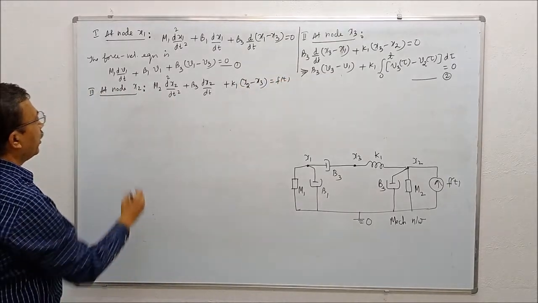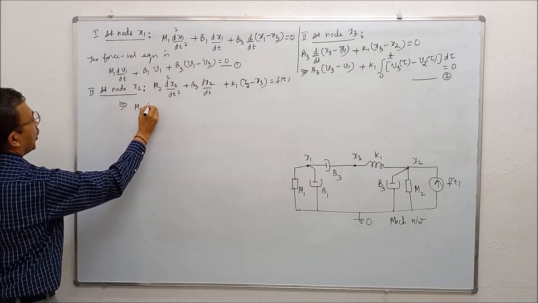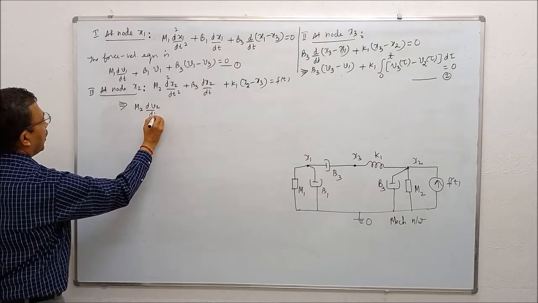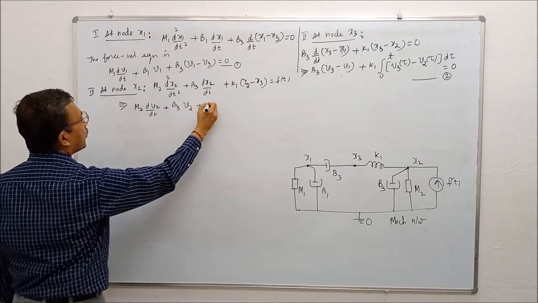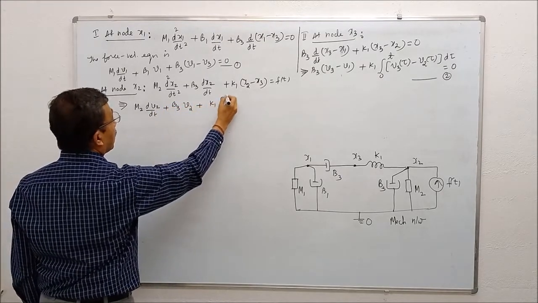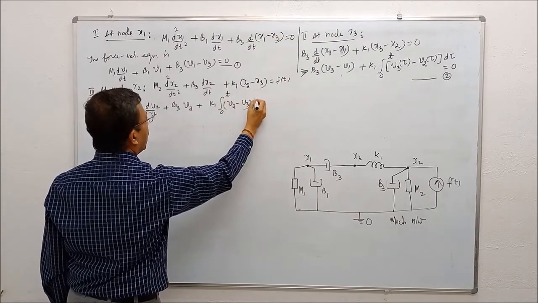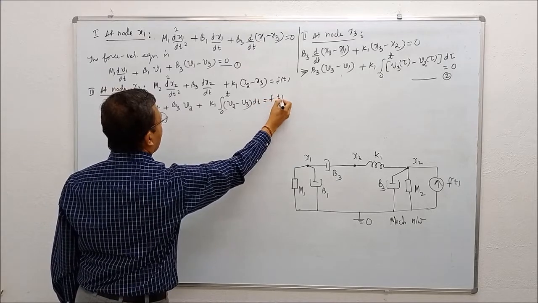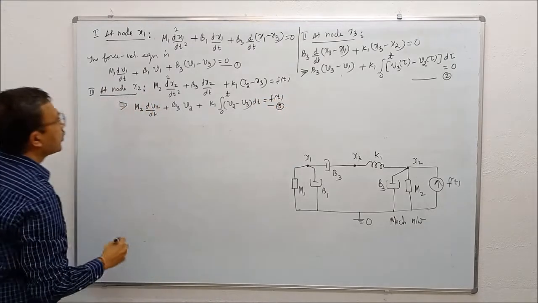The corresponding force velocity equation is m2 into dv2 by dt plus B2 into v2 plus K1 integral 0 to t, v2 minus v3 dt is equal to f of t. Equation 3.